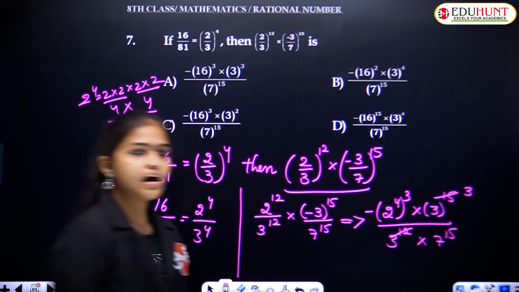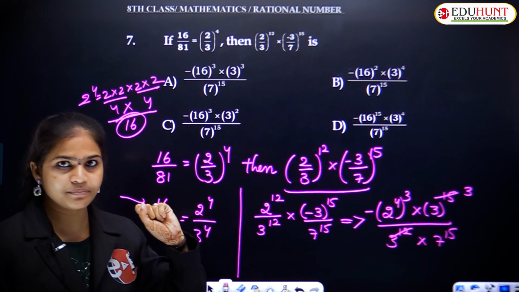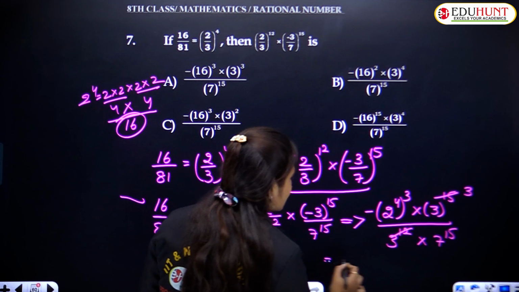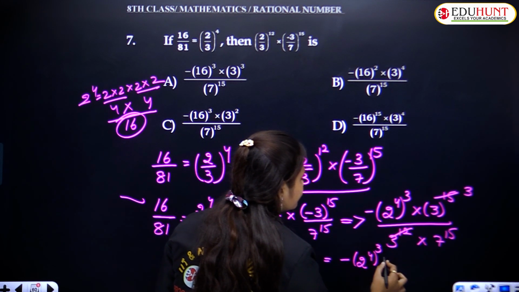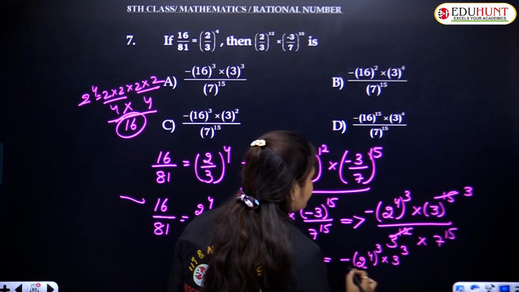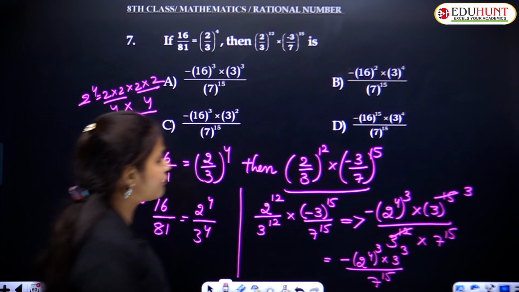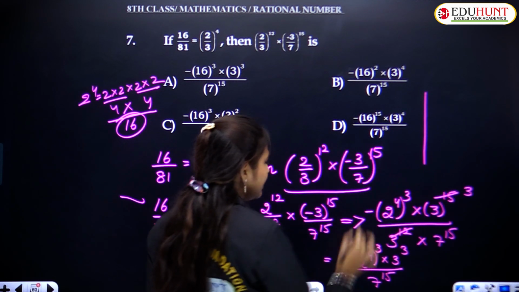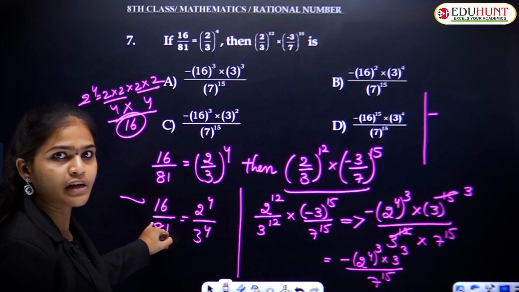Out of 15, 12 times we cancelled and 3 times left over. So this is equals to minus 2 power 4 whole cube into 3 cube by 7 power 15. So here 2 power 4 is equal to 16.